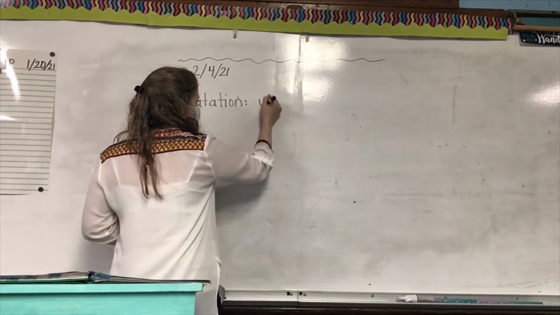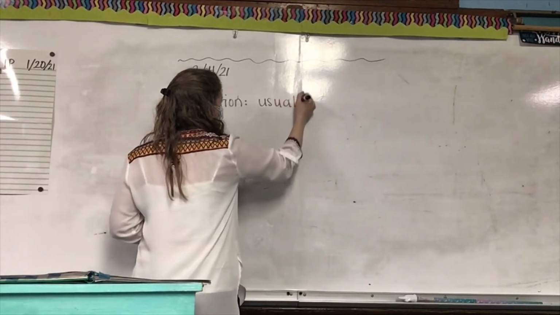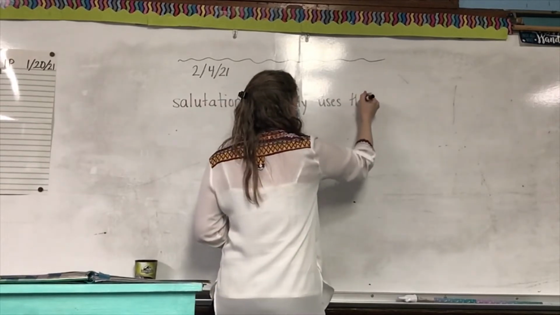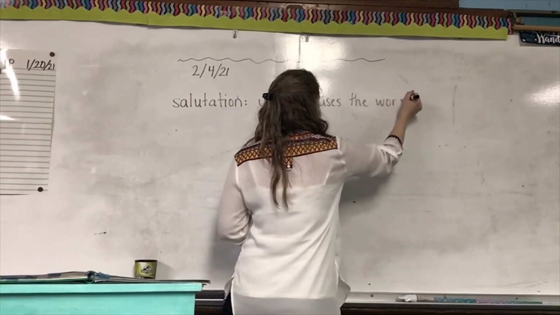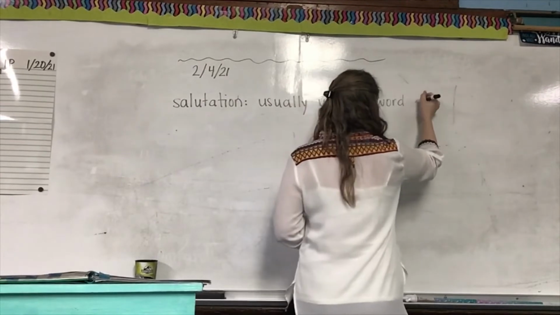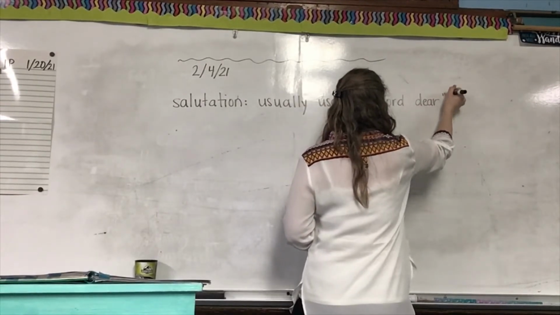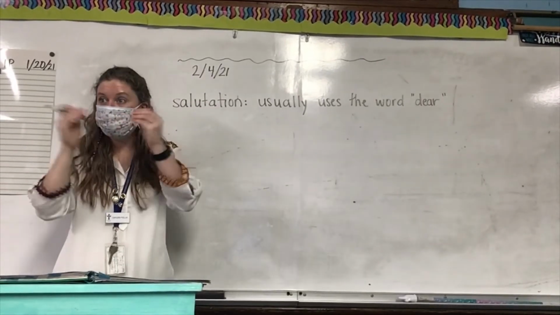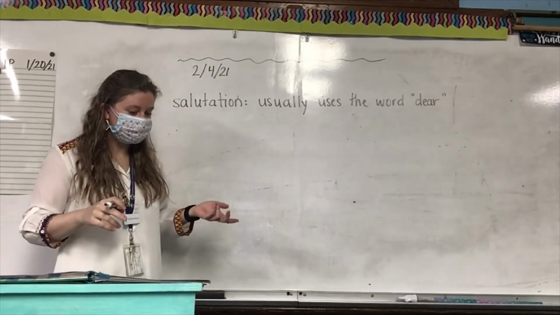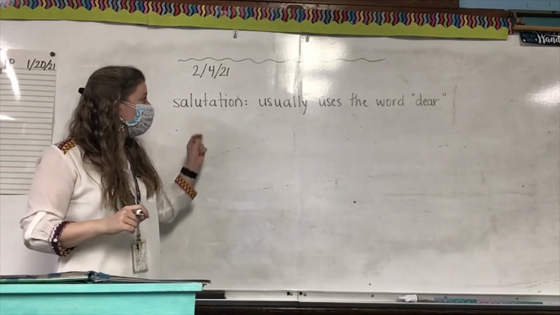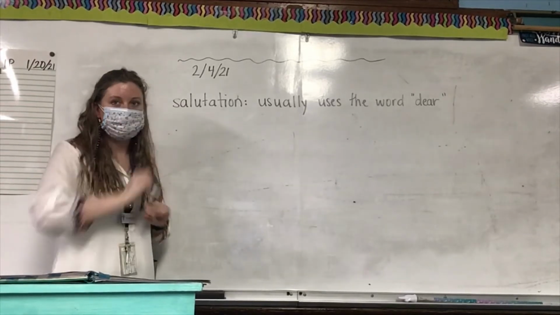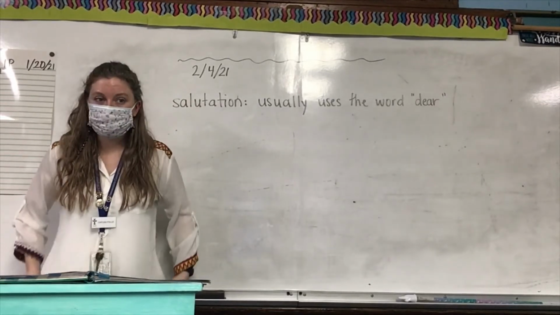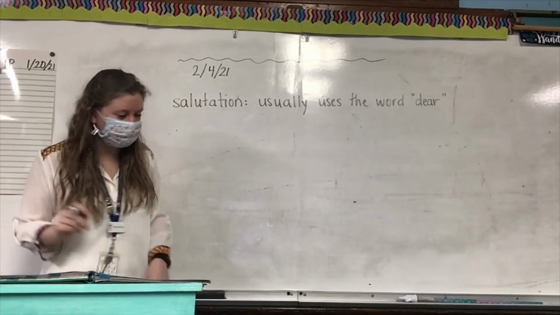And what it does is it usually uses the word "dear." We're going to put that in quotation marks because we're talking about the word dear. It's not part of the sentence. So salutation, if you were typing this, you put it in italics, but we can't write in italics without spending a lot of time. And if your handwriting is messy, sometimes it looks slanted anyway.